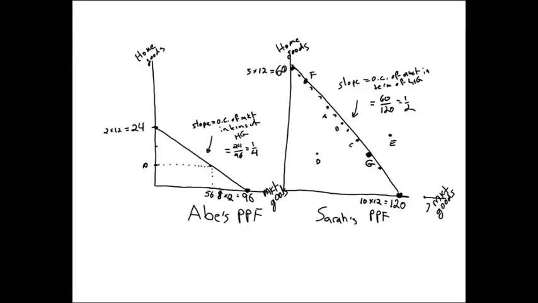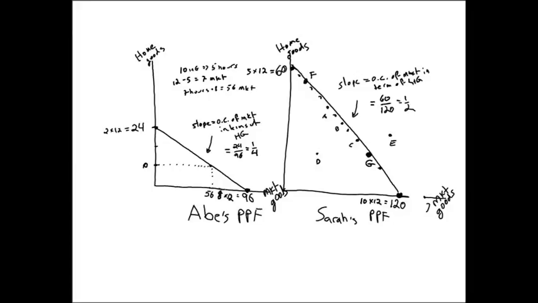Let's do this calculation maybe a little bit quickly in our heads. 10 units of home goods at 2 units per hour means that he would have to spend 5 hours at home, and this leaves him 12 minus 5, or 7 hours in the marketplace, and of course 7 hours times 8 means that he can consume 56 units of market goods.